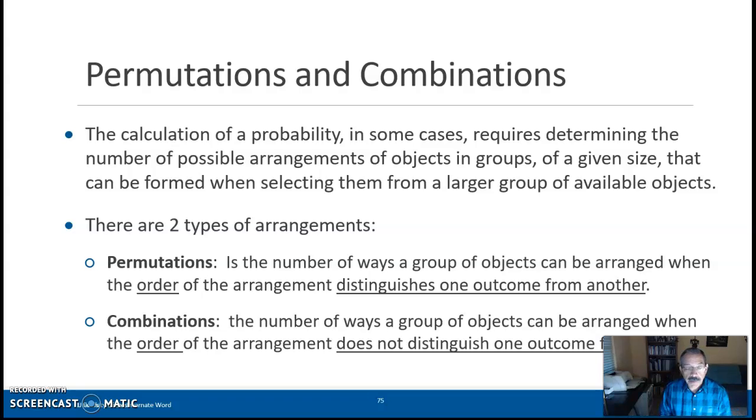There are 2 types of arrangements, permutations and combinations. Permutations result when the objects can be arranged in such a way that the order of the arrangement distinguishes one outcome from another. Whereas combination is where you arrange the objects and the order of the arrangement does not distinguish one outcome from another. Let's look at a couple of examples to illustrate this.